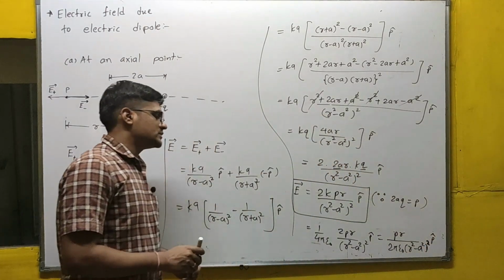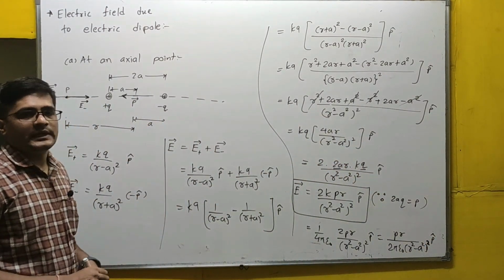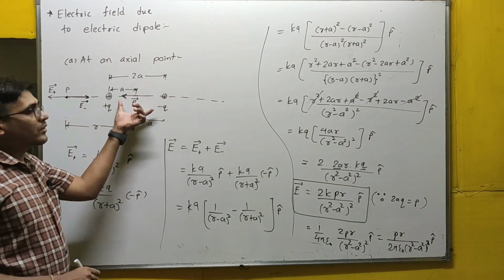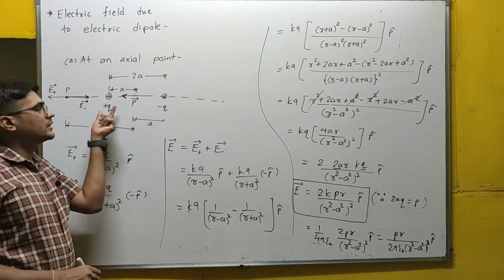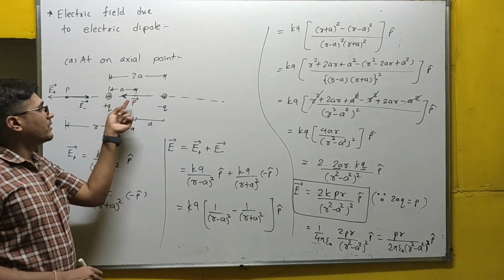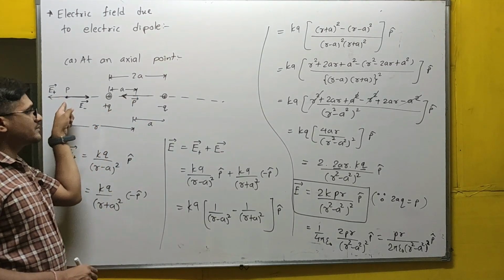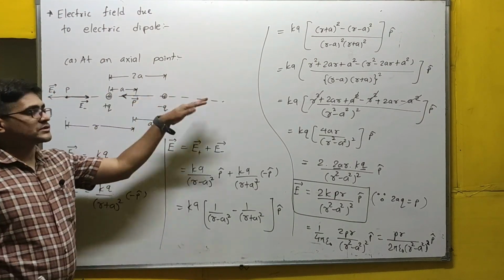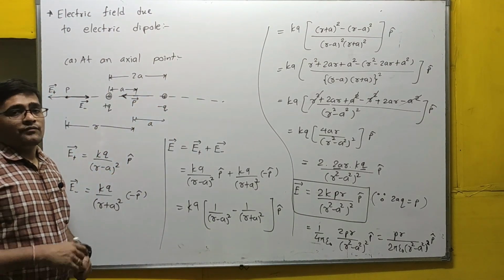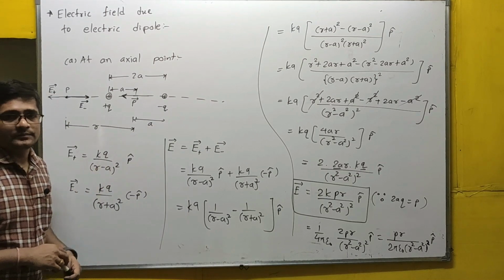Right? So this is the formula of electric field due to a dipole. Dipole means a system of two charges of equal magnitude and opposite sign, at a point on the axis. The axis means the line passing through the plus charge and minus charge, called the axis of the dipole. Now we will further simplify this formula.